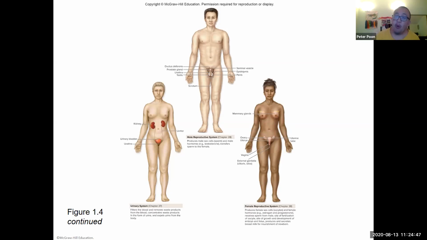Conversely, if I made you drink 2 gallons of water, your urine would be very light, because you'd be using your urinary system to get rid of the excess water so you don't carry it around. And last but not least, the reproductive systems are for reproduction, and we'll talk more about that in the last chapter.